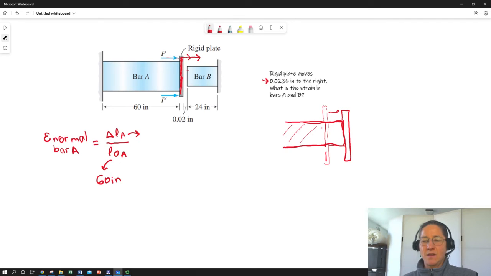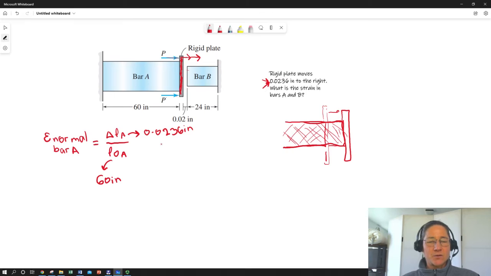So this was the original length, and now this is our final. So the stretch in bar A is literally equal to the translational displacement of our rigid plate. So it's 0.0236 inches.